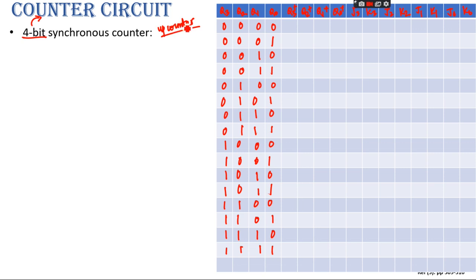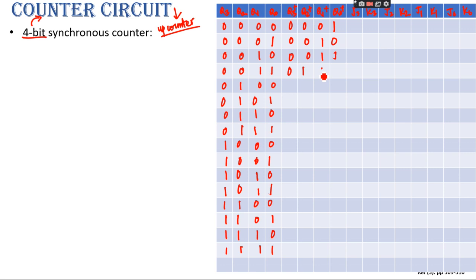And now if we are considering the up counter, then the next state after 0 would be 0 0 0 1, right? After 0 it should come 1. After 1 it should be 0 0 1 0, which is 2. After 2 it should be 3.